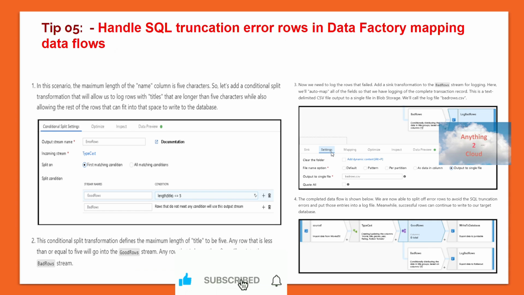For the bad rows, we can add a sink, which in turn can put that data into a storage account, and in the sink output you can mention the file name here. So in this way you can capture the SQL truncation error by using the conditional splitting method.